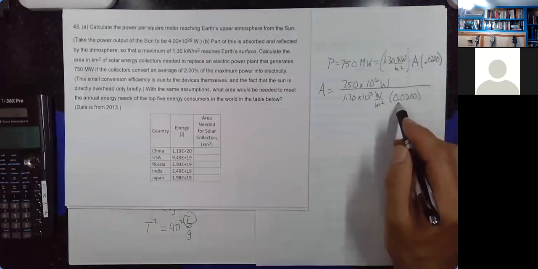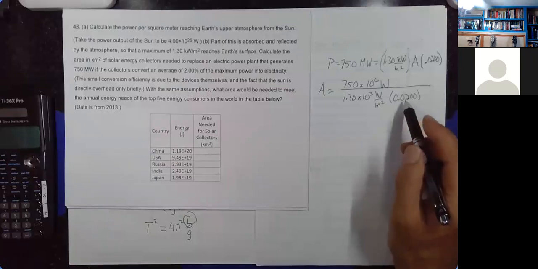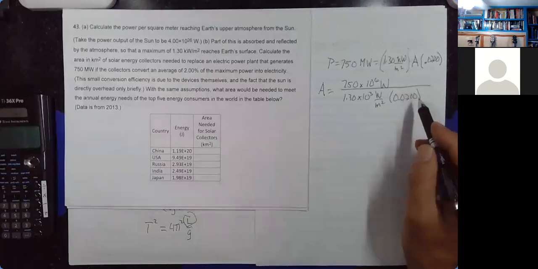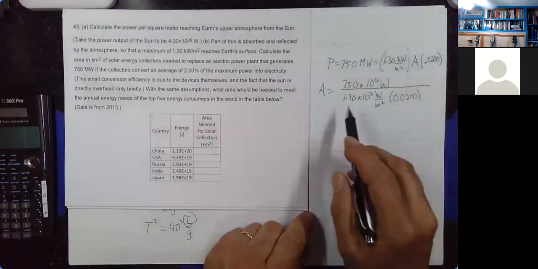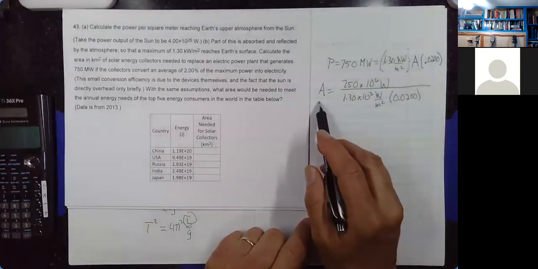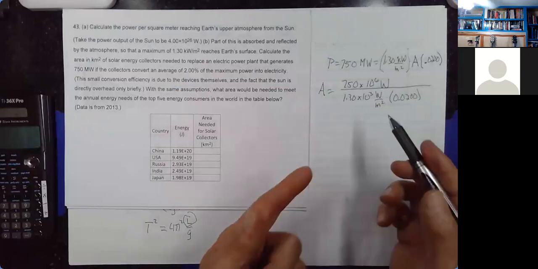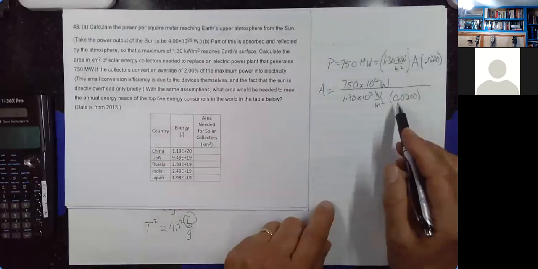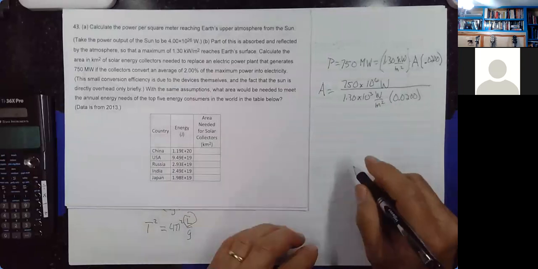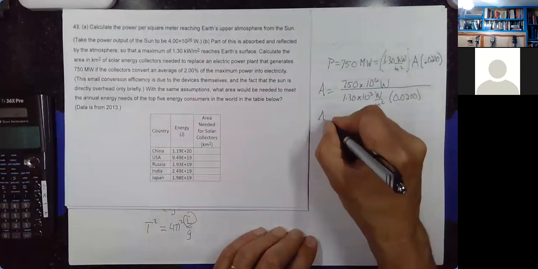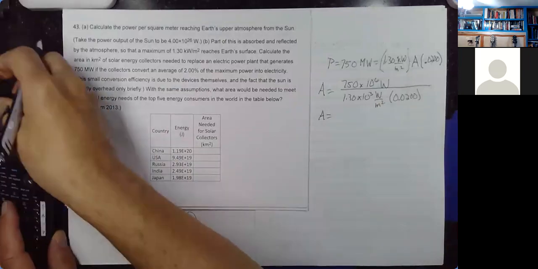Because I'm dividing by something less than 1, it's going to make my final number bigger. Because those solar collectors are only 2% efficient, the area needed to provide the needed power ends up being much larger. But we can do the math and see what we get.